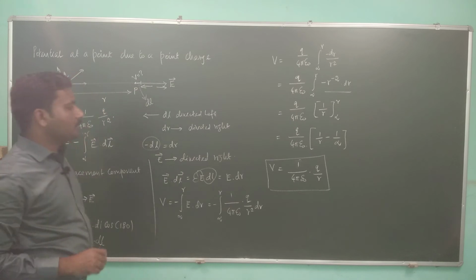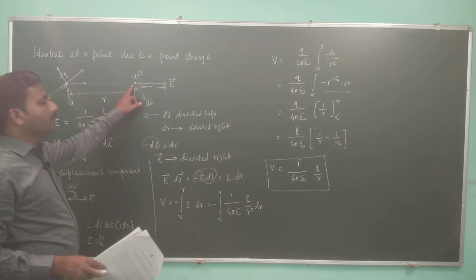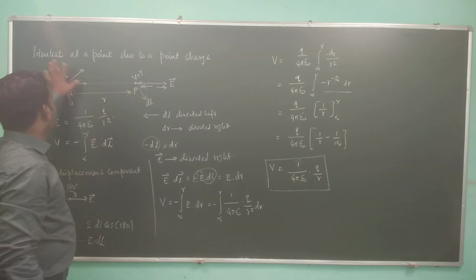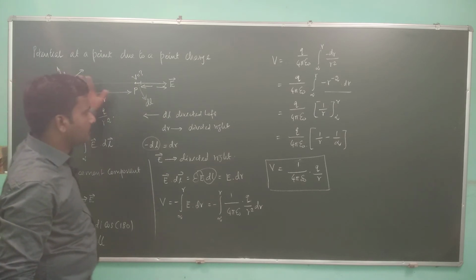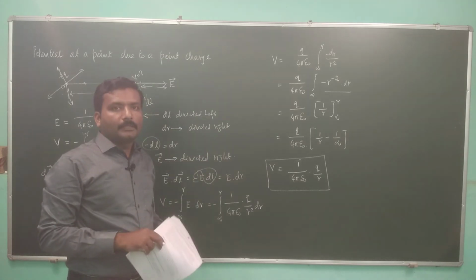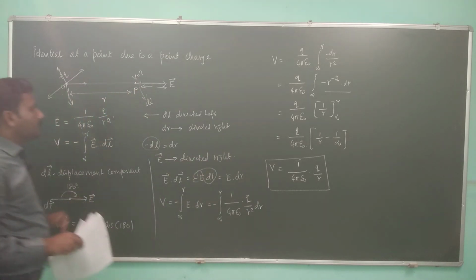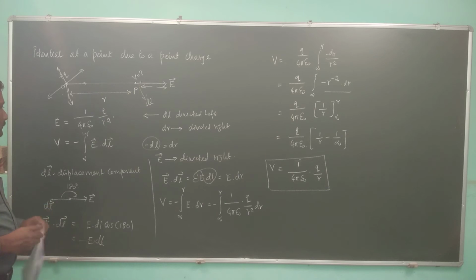So this is the potential at point P due to the point charge plus Q. This is the simple derivation, and you can understand it this way. Let me repeat.